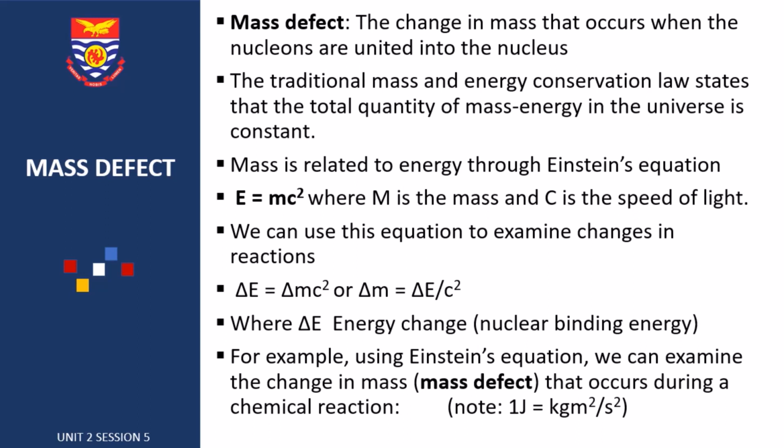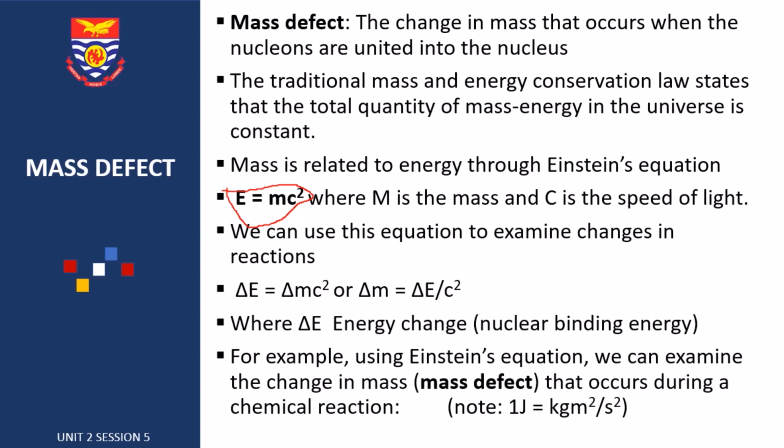There are no instances where the ratio of mass to energy in the system has changed, that the mass has become more than the energy released, or the energy released has become more than the mass. It is always constant. Mass is related to energy through the Einstein equation E equals mc squared.